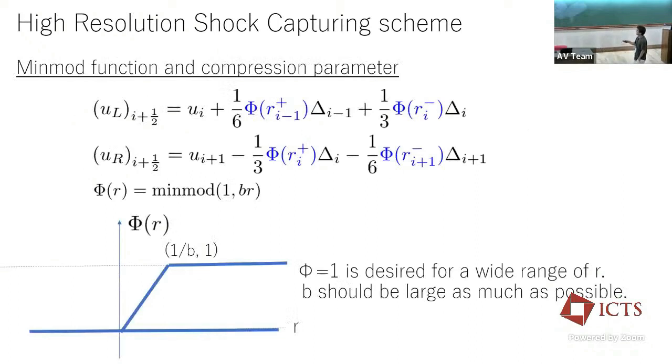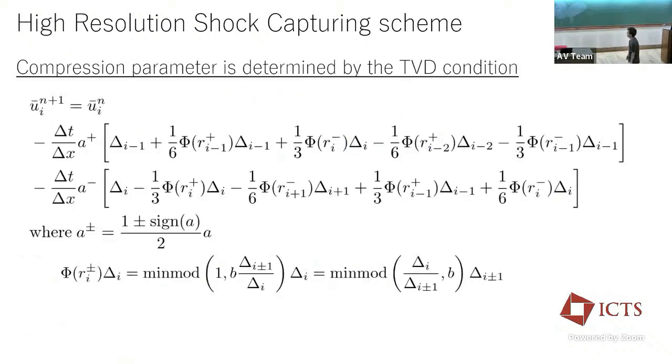So for the limiter function in the example, I applied a minmod function as I explained before, something like this. Because of B, we want this profile to be as large as possible, which means that B should be as large as possible. But there is a limitation in the range of B. So what's the value of B?